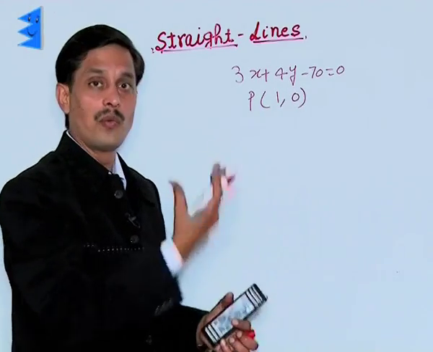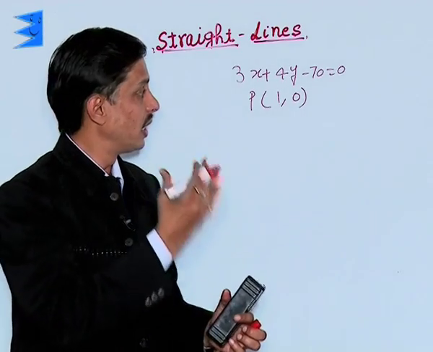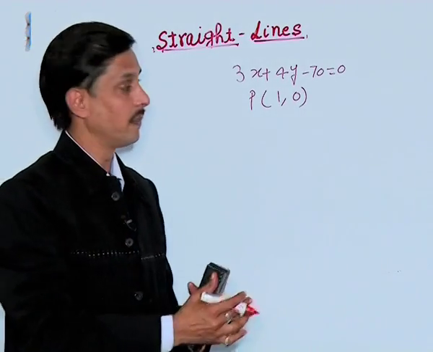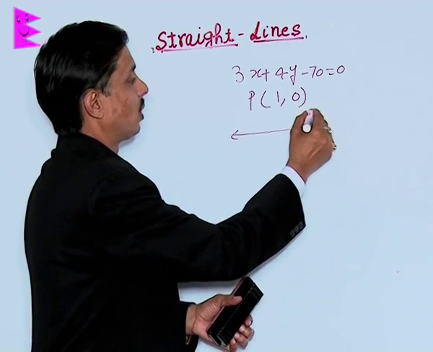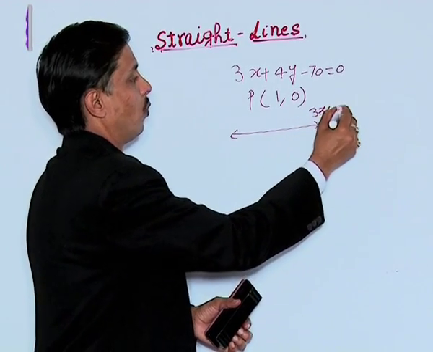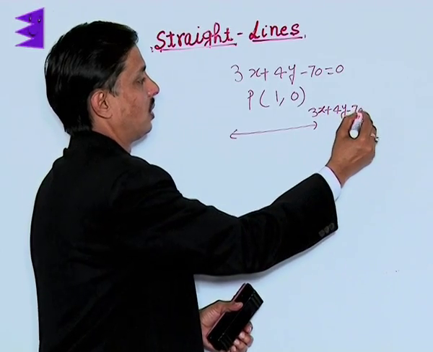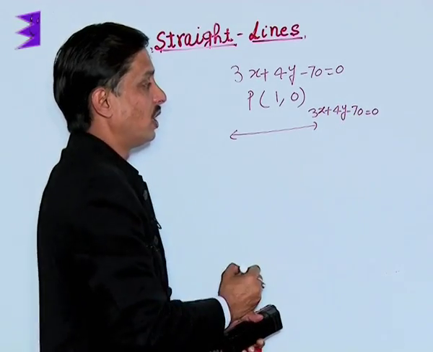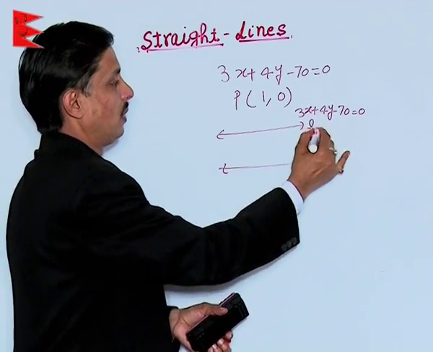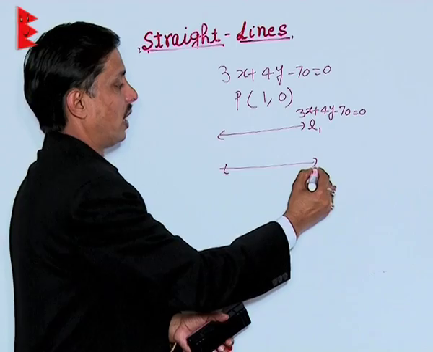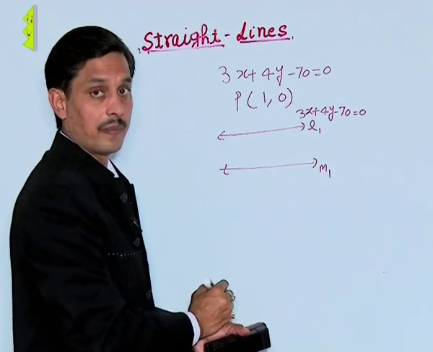To obtain the value of lambda, there will be some condition. That condition is, we want to find the equation of a line which is parallel to the given line 3x plus 4y minus 70 is equal to 0. Suppose this is the line L and this is L1, this is M1.